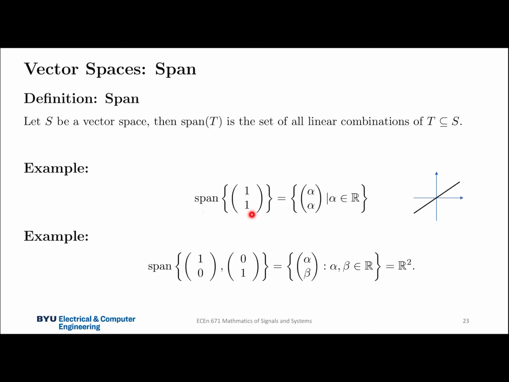I can't add anything because there's just one, but I can scale it by any element in the field. So that would be the set of (alpha, alpha), where alpha is in the reals.